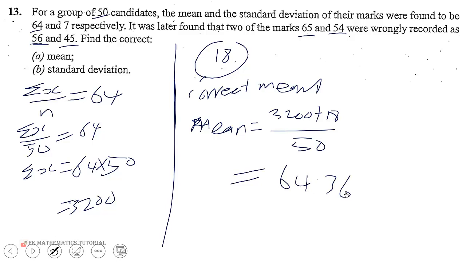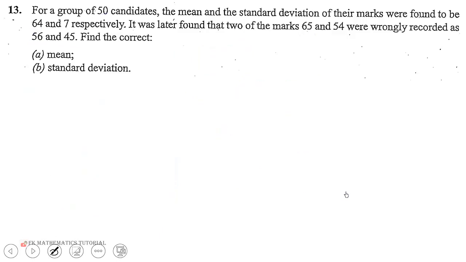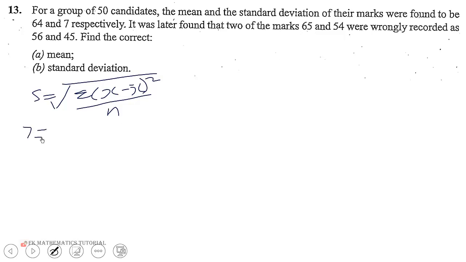Now, for the standard deviation, we know the standard deviation is given by s is equal to the square root of the summation of x minus mean, all squared, over n. So we're told that the standard deviation is 7, and the summation of x minus mean all squared over n.